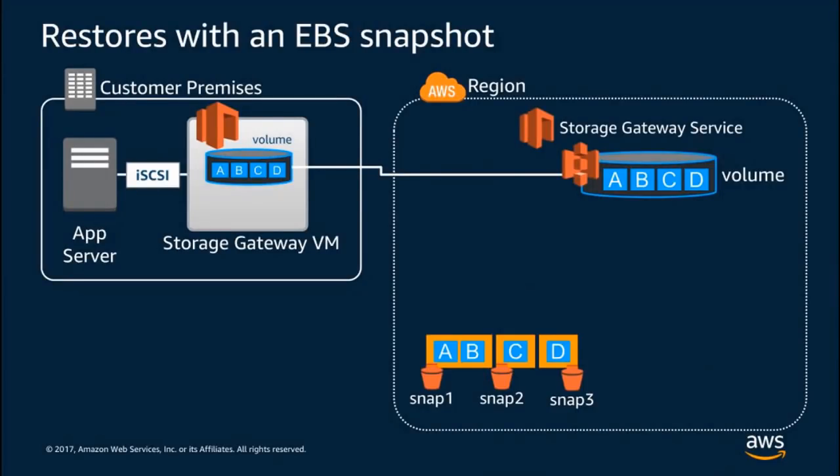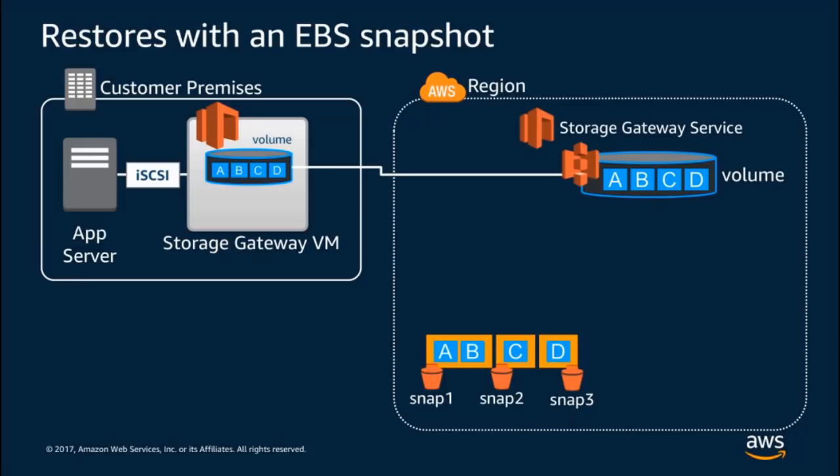In this example, we have a storage gateway that's running in my data center, and it has a single volume on it, and that volume is stored up in the AWS Storage Gateway service. We have 3 snapshots taken from that volume at various points as the volume has been filled up. Maybe they're the last 3 days of backups.